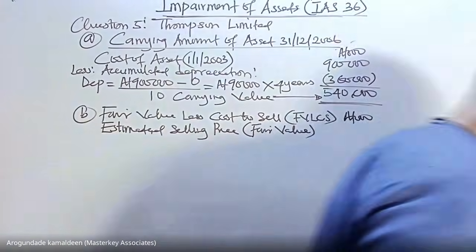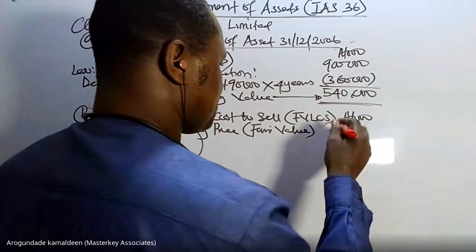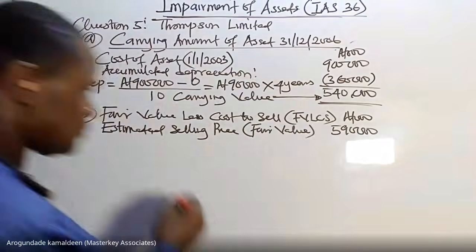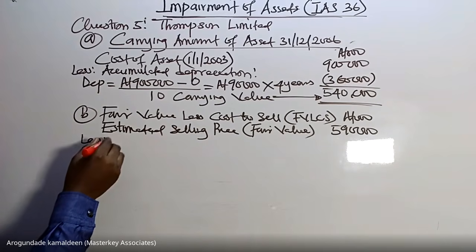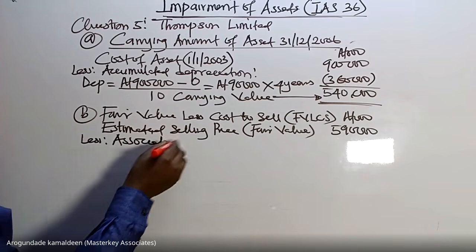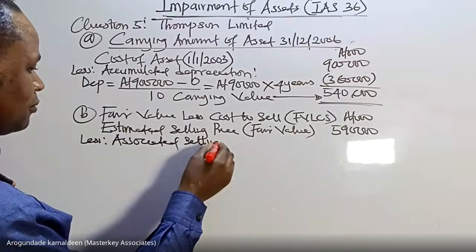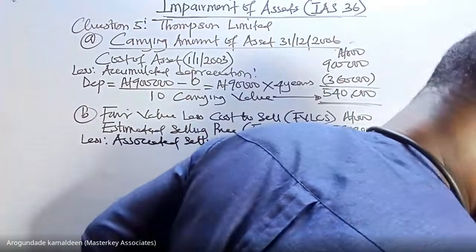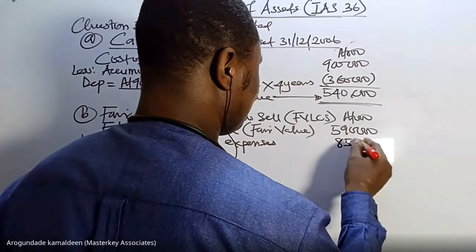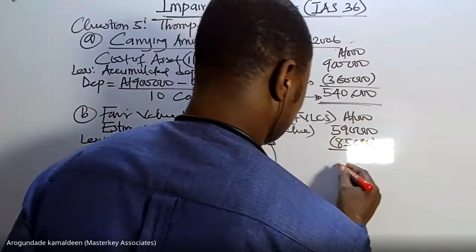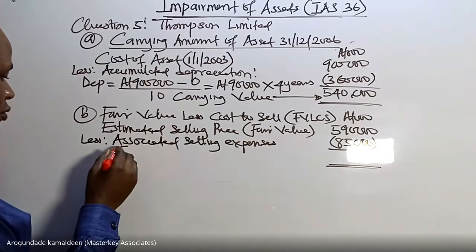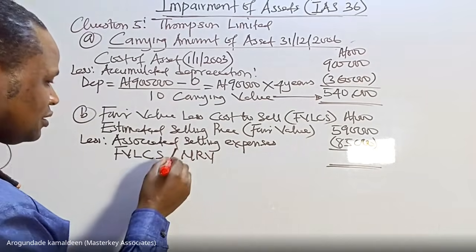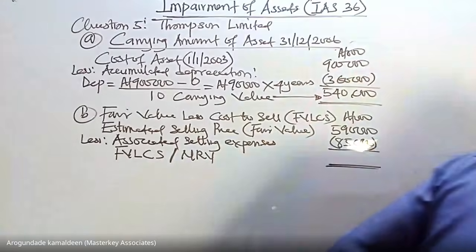So if you want to sell now, how much? 590 million. Then less the selling cost, the stated selling expenses. That is 85 million. There you have the fair value less cost to sell, or the net realizable value. That will be 505.